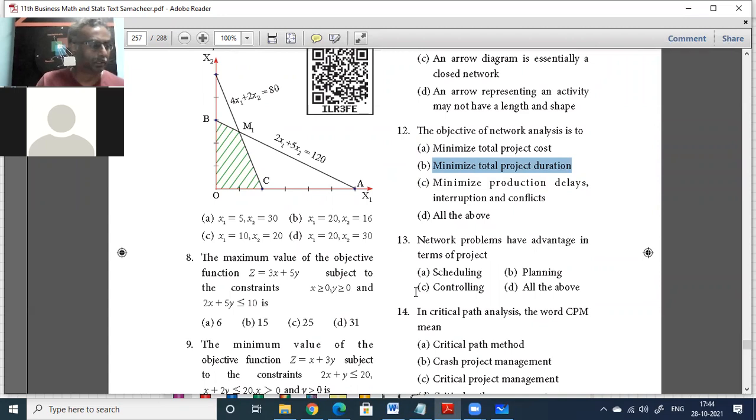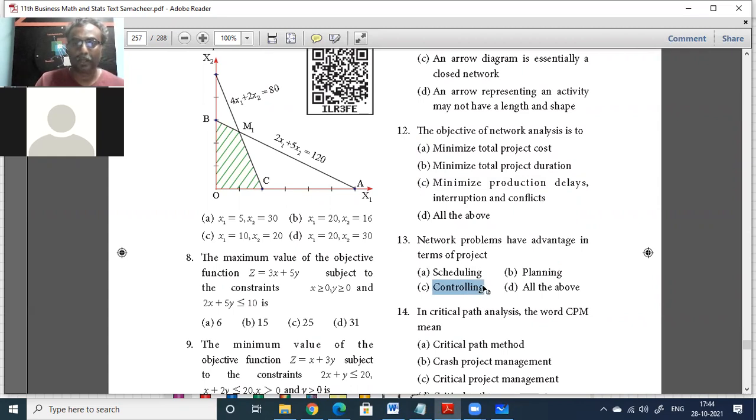13th sum. Network problems have advantage in terms of project planning, scheduling, and controlling also.